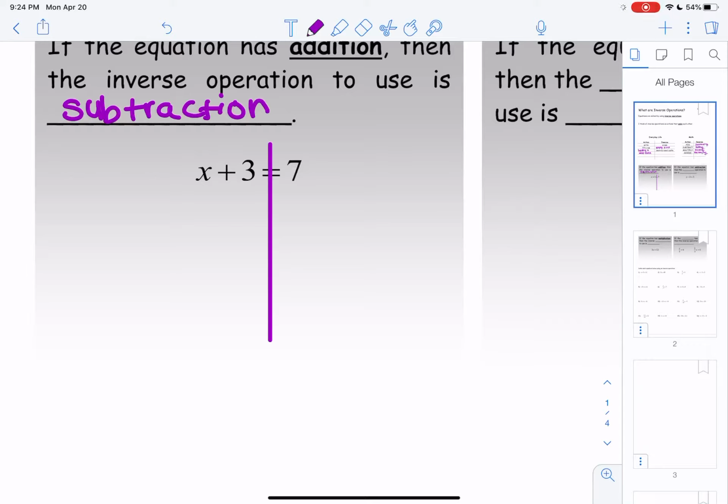So I need to use the inverse. The inverse of positive 3 is negative 3, or minus 3, sorry. So here I would get 0. I still have x left. 7 minus 3 is 4. So my answer would be x equals 4.